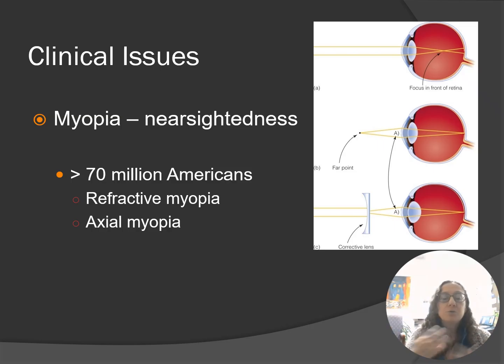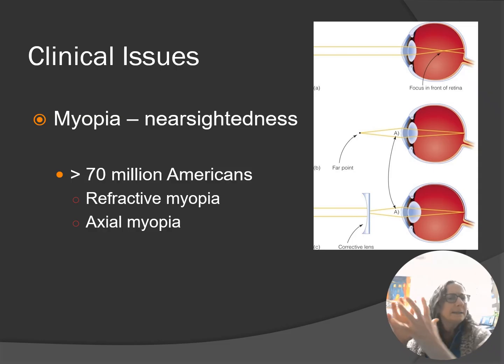And there are two ways that this can really happen. One is a refractive myopia, so the lens and cornea themselves are doing too much bending of light. But there's also an axial myopia, which is the eyeball being too long.